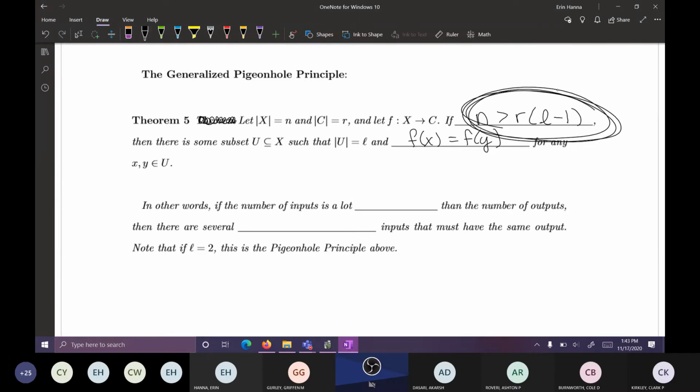So in more general English, if the number of inputs is a lot more than the number of outputs, then there are several different inputs that must have the same output. Again, the first one we looked at, L is essentially 2. We're saying that there's at least 2 of them that go to the same output. And here we're saying there's a set of L things that go to the same output.